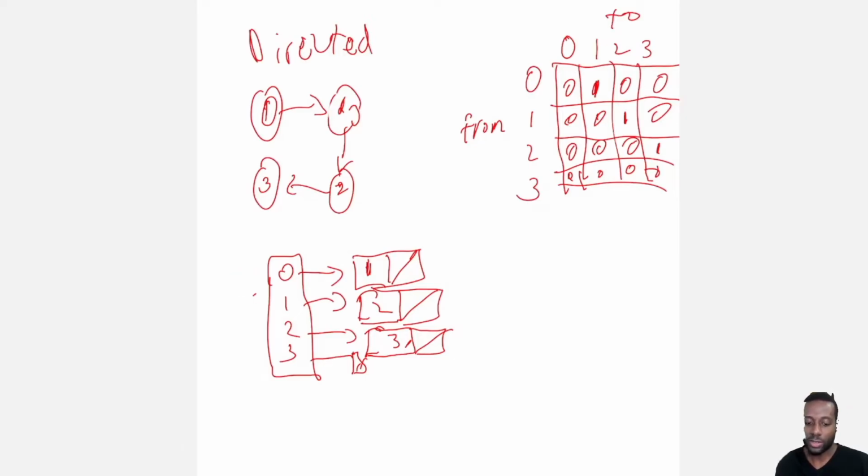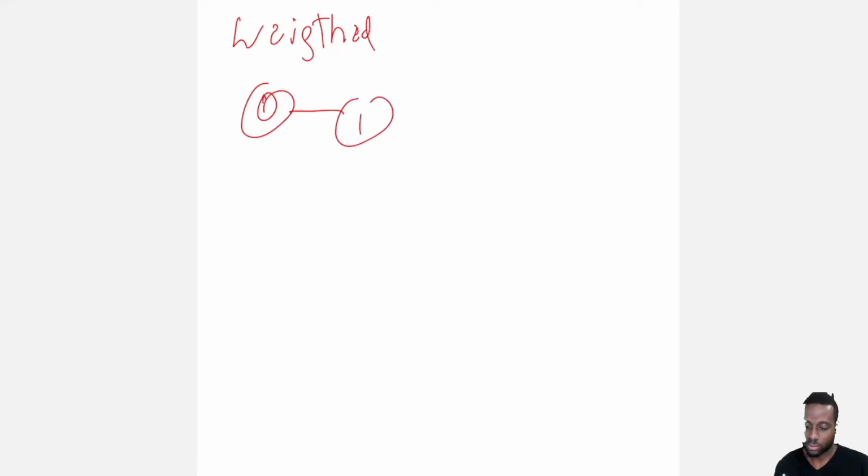Now let's talk about the weighted graph. This one's gonna be simple as well. Let me draw a quick one so you can understand what's going on. We have nodes 0, 1, 2, 3.